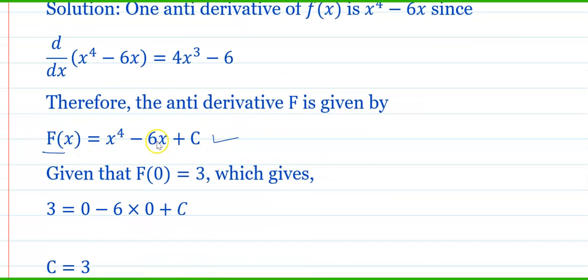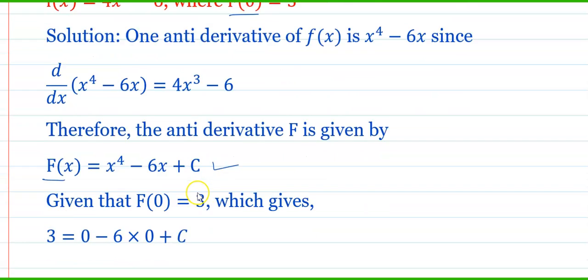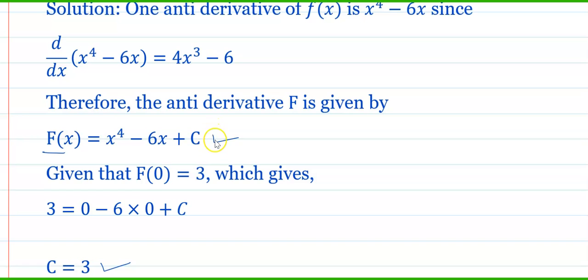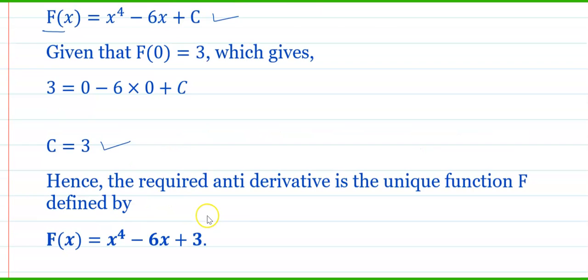If we substitute x equals 0, then F of 0, which equals 3, is 0 raised to 4 minus 6 into 0 plus c, and overall you get c equals 3. Substitute the value of c here, and hence you get the function F of x equals x raised to 4 minus 6x plus 3.